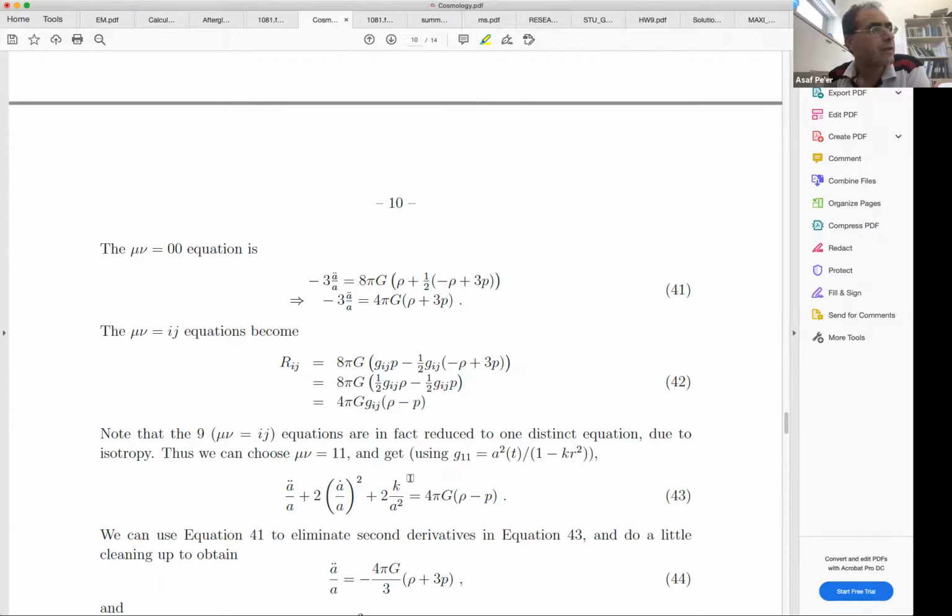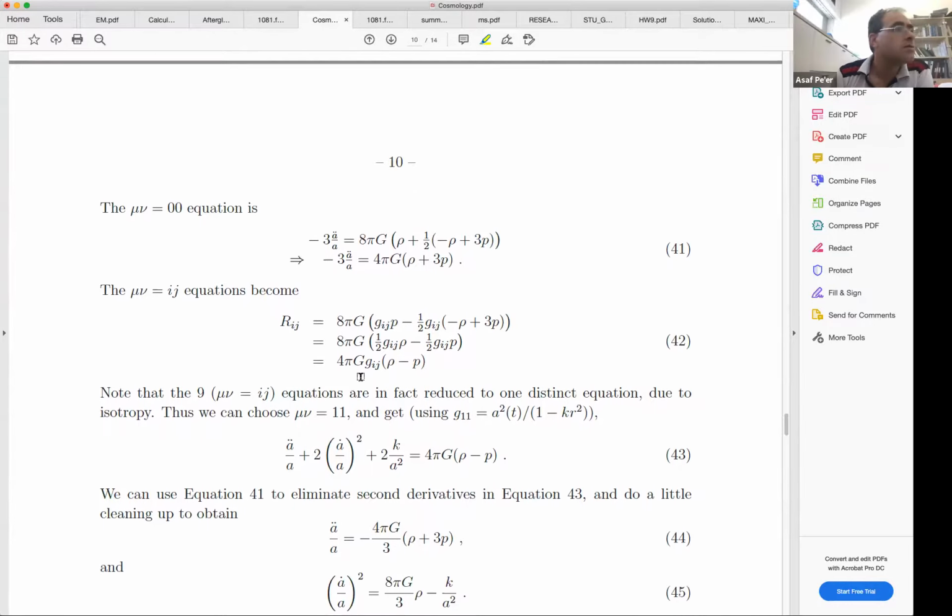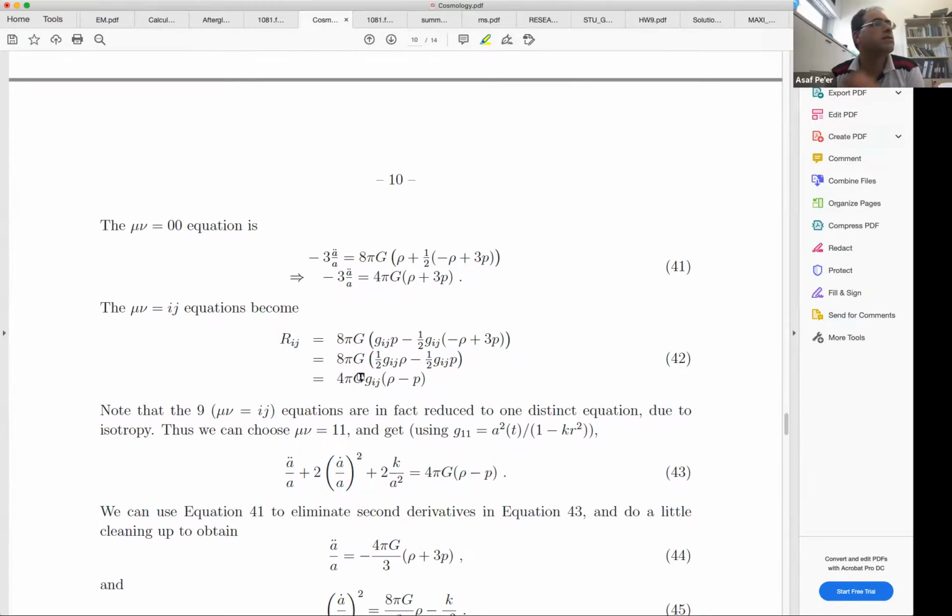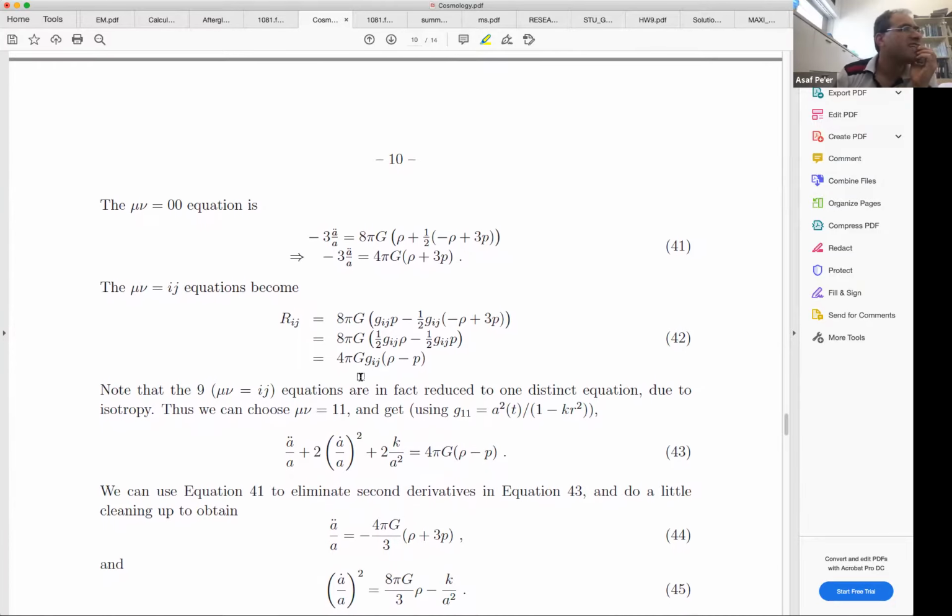And the last thing we can do is to use this equation here to get rid of the second derivative. What did I do here? Let me see that.